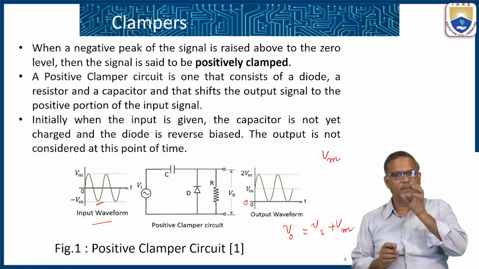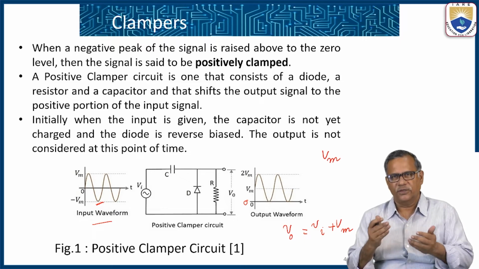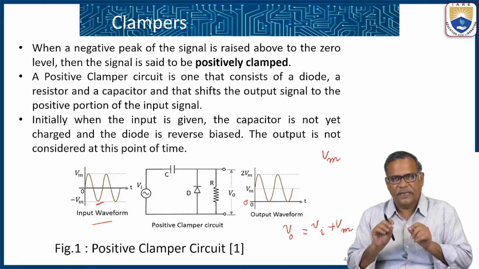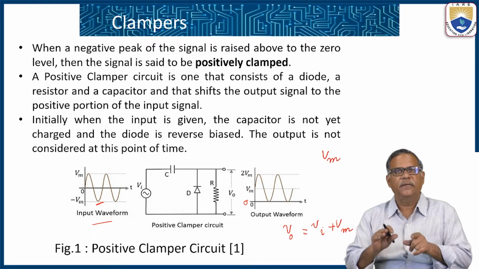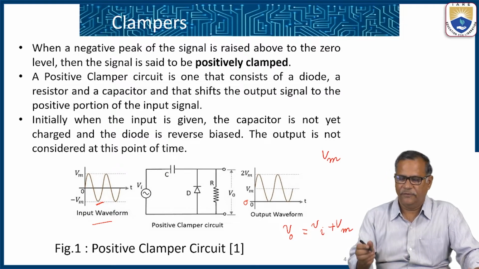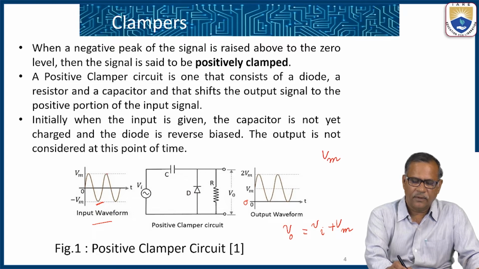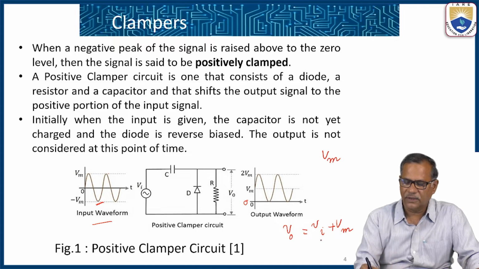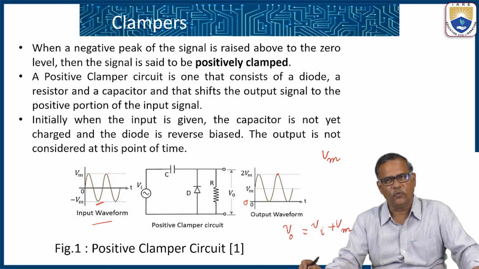Vm is the voltage across the capacitor when it is fully charged, and this takes place when the diode is in forward bias during the initial negative half cycle. Thereafter, when the voltage Vi is at peak Vm, what is the output voltage? Vm plus Vm, so it becomes 2Vm. So the positive peak of the output voltage is going to be 2Vm.